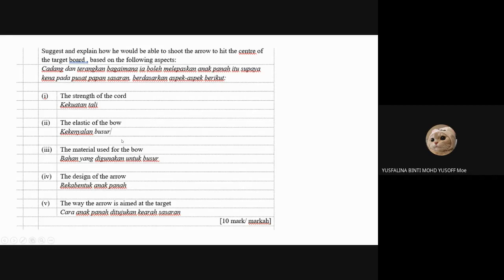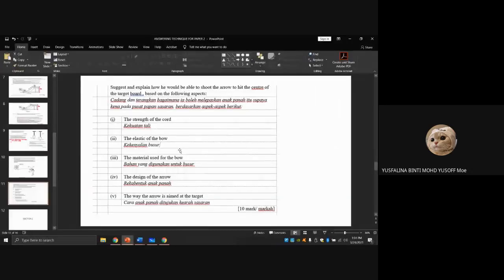So you have to think on your own: how can the boy shoot the arrow and hit the center of the target board? Because you are not familiar with the format yet, I just give you a clue. So what you should describe: for this one you have to draw a table.